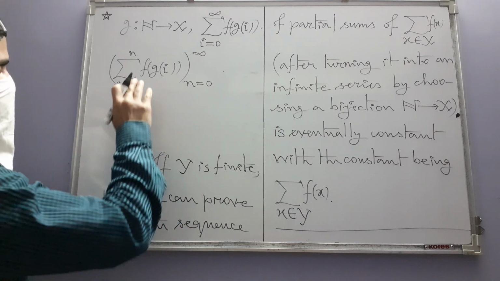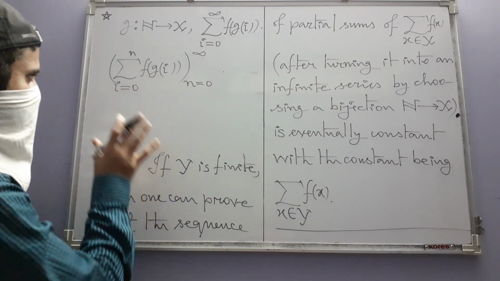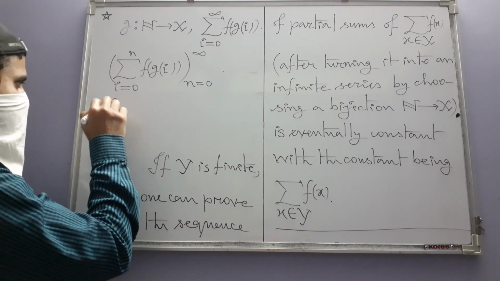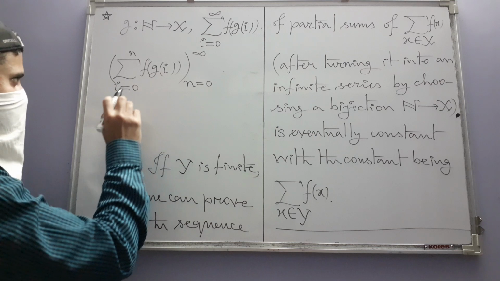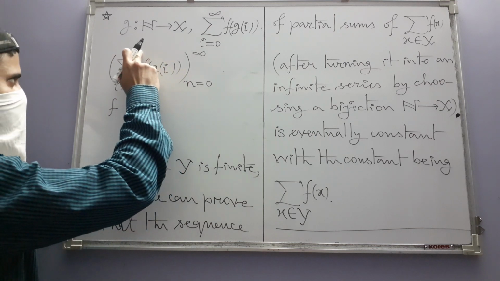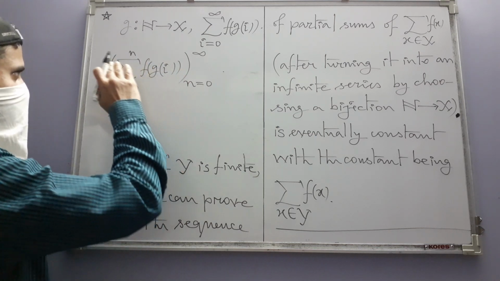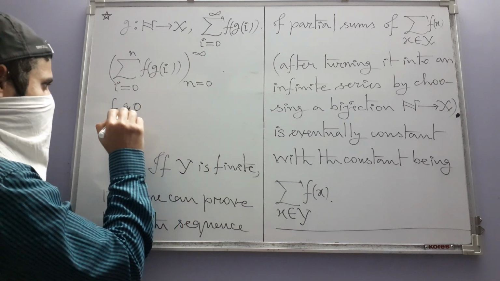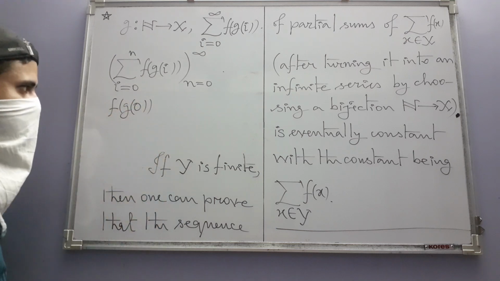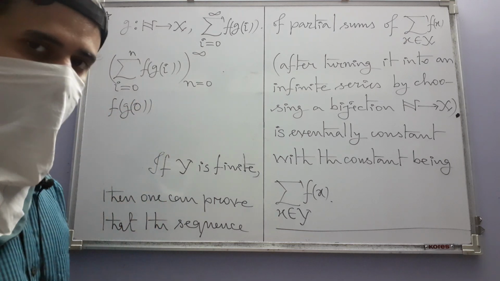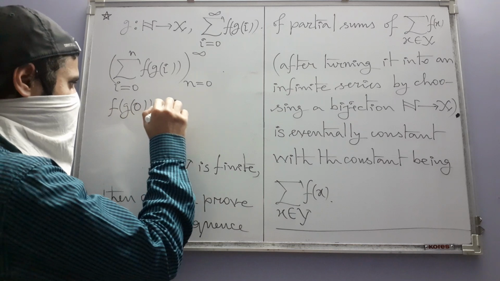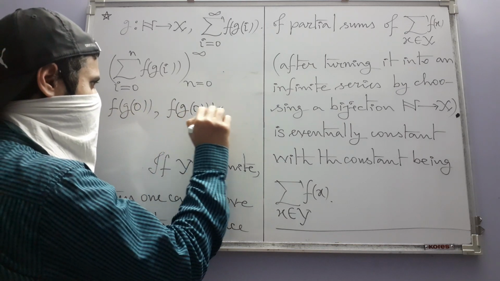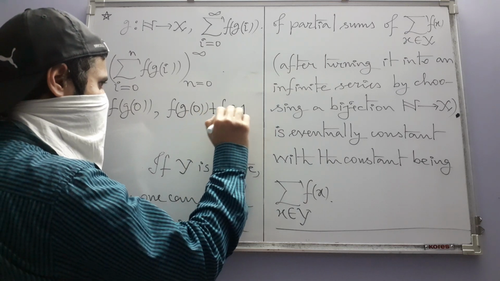Now if you think of the terms of this sequence, you look at the first term. What will be the first term? To get the first term you would have to put n equal to 0. So in that sum you will have only one term, and that is f of g of 0. What will happen to the second term? It will be f of g of 0 plus f of g of 1.